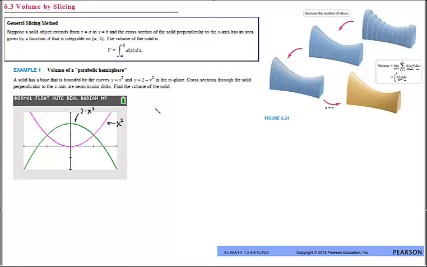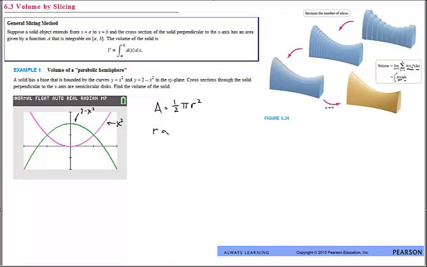So I need to find the area, and they tell me that these are semicircular discs, if I can imagine how it's projected outward. So the area of that semicircular disc is going to end up being 1/2 pi r squared because they're semicircular discs. So my next order of business is I have to find the radius.